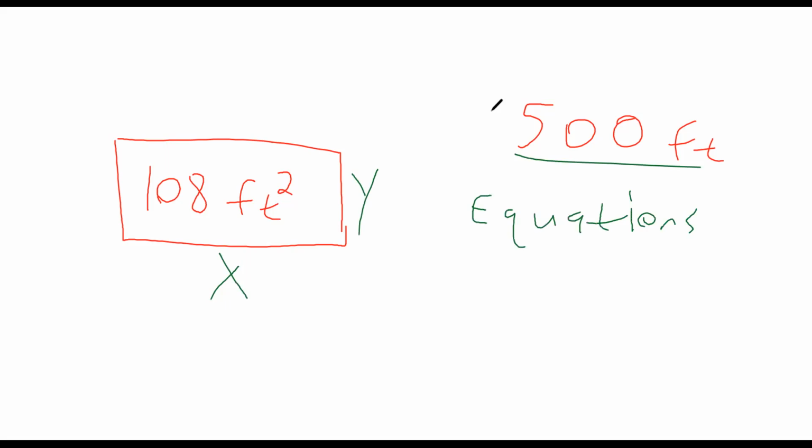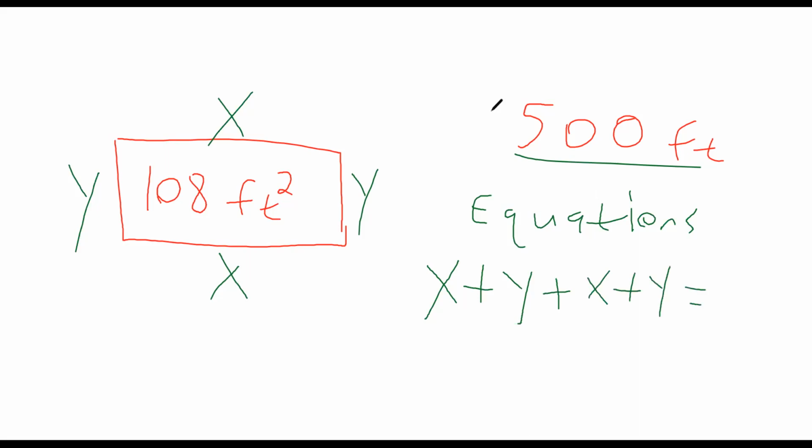One of them is I know that the length X plus the width, but then because this would also be X, this would also be Y, I have to add all four sides together. I know that needs to equal what number? 500, exactly. Because 500 is how much physical fence I have that's going to create the perimeter.